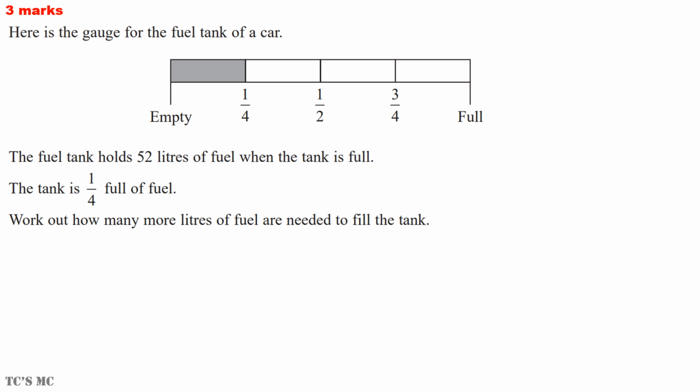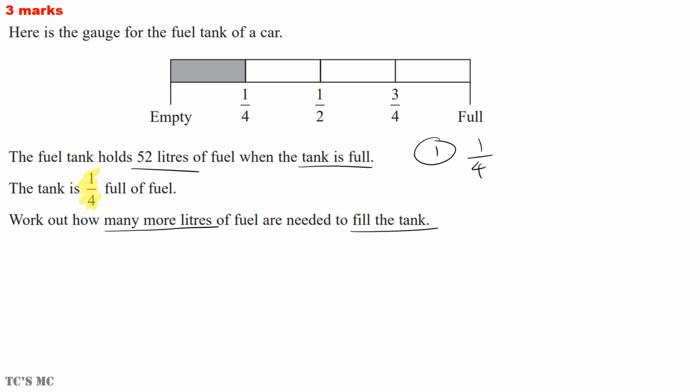Here is the gauge for the fuel tank of a car. The fuel tank holds 52 litres of fuel when the tank is full. The tank is 1/4 full of fuel. Work out how many more litres of fuel are needed to fill the tank. Step 1. We need to work out how many litres are in the tank at the moment.